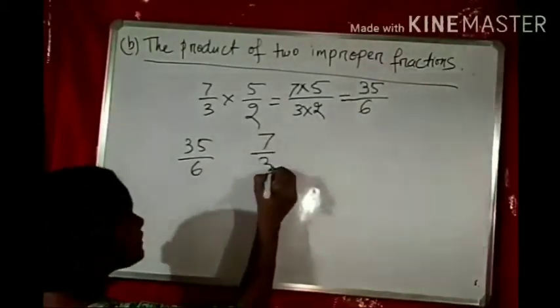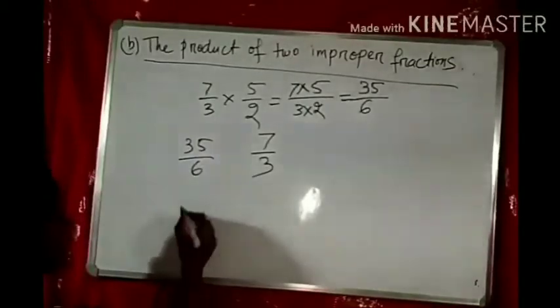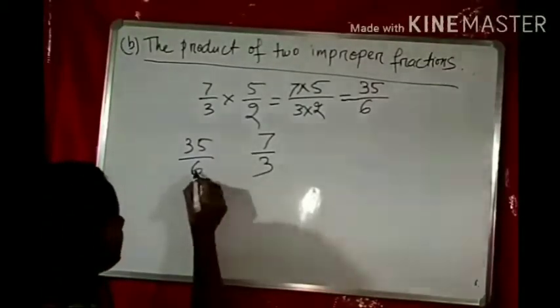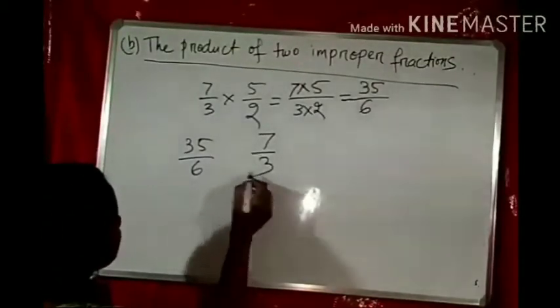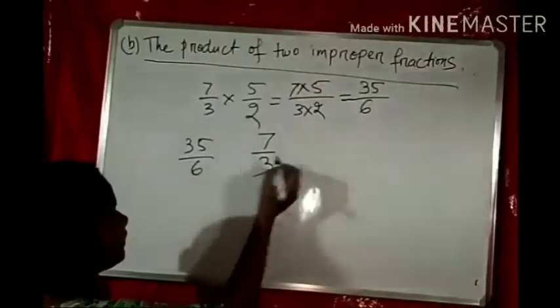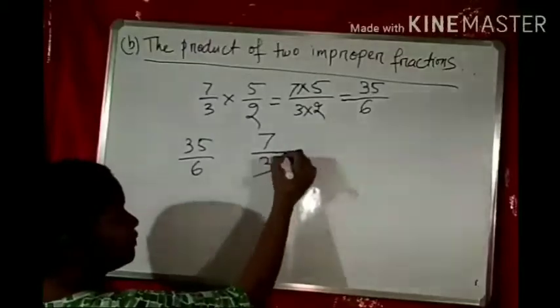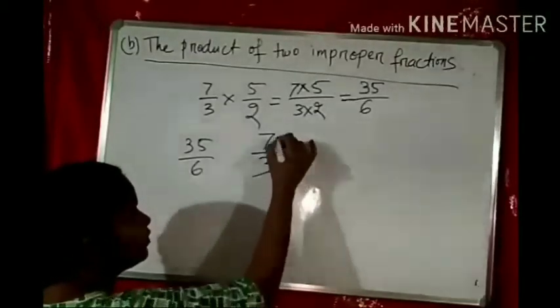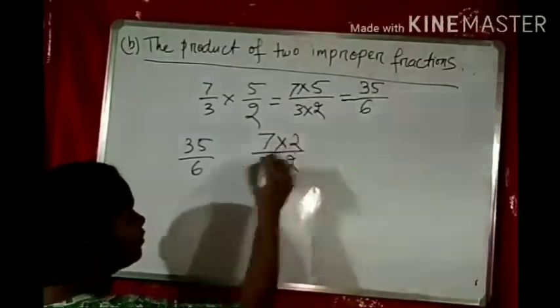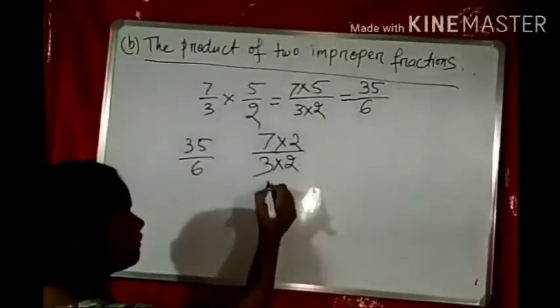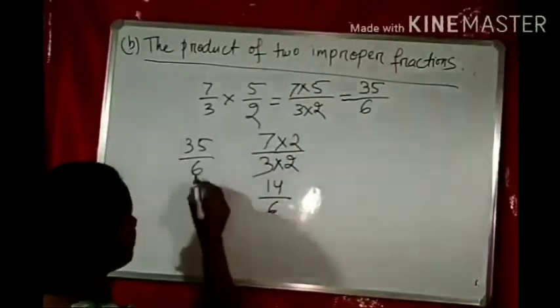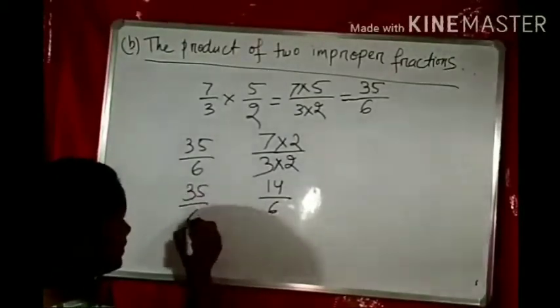First fraction is 7 by 3. Here 3 is present. The LCM of 6 and 3 is 6. So we will multiply 3 into 2, 7 into 2. What are we getting? 7 twos are 14 by 6, 35 by 6.